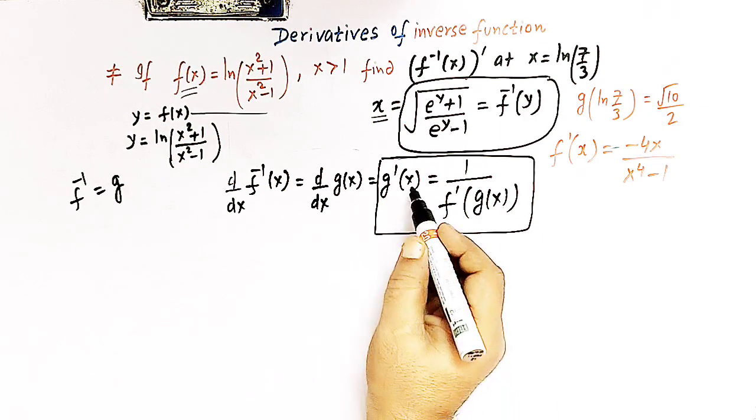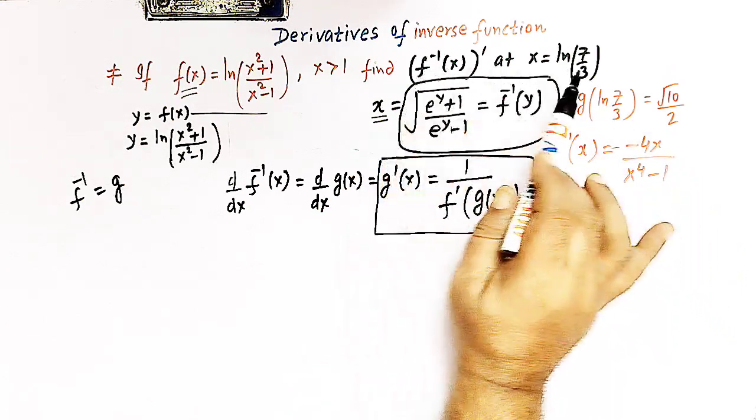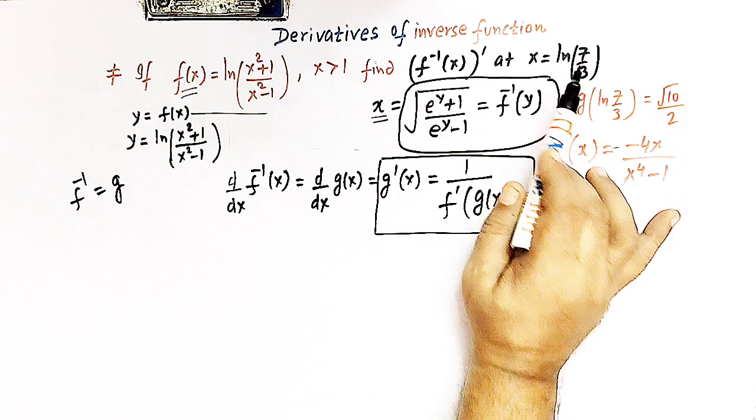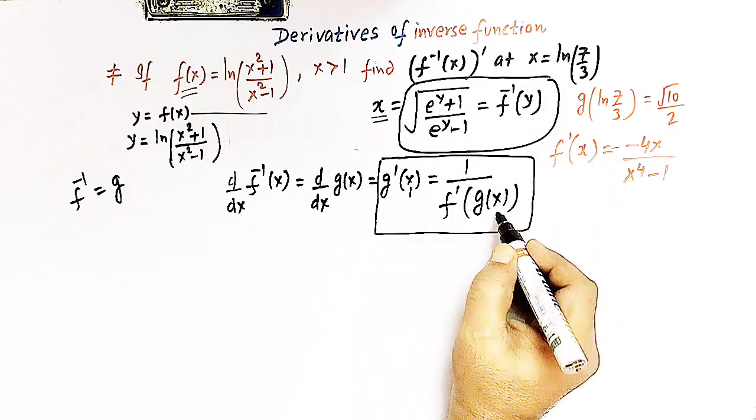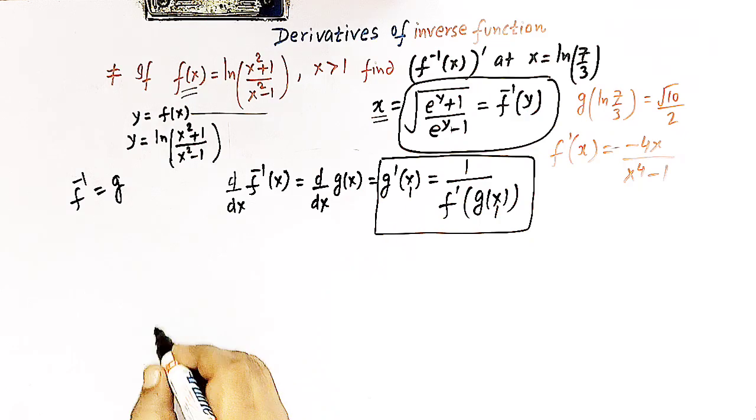So now we have to find the derivative of the inverse function at this point. So let us replace this 2x by natural log of 7 over 3.